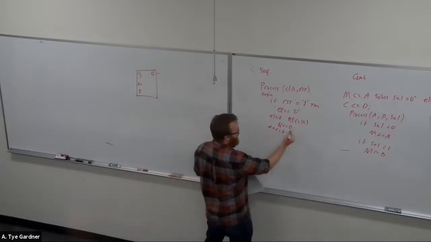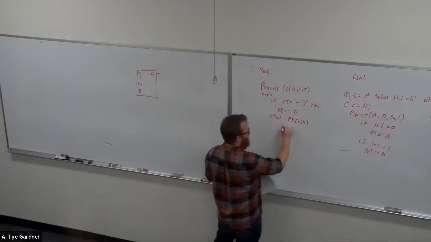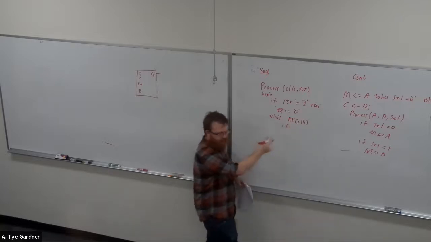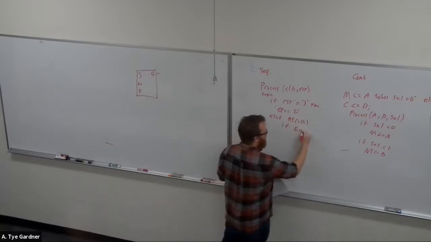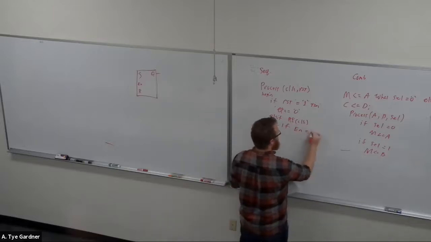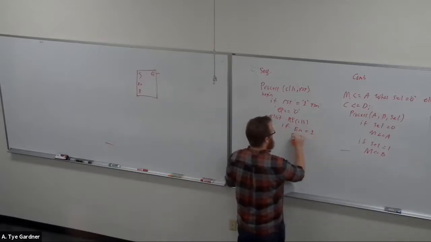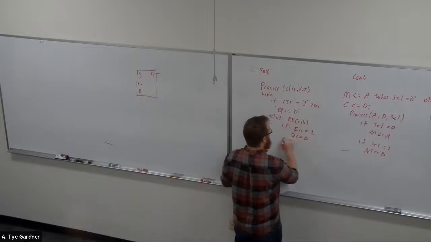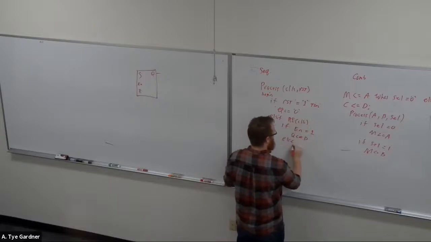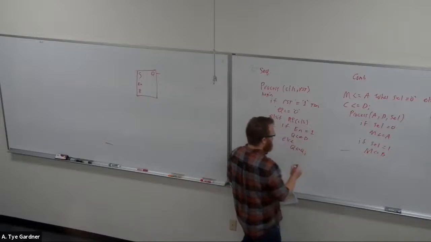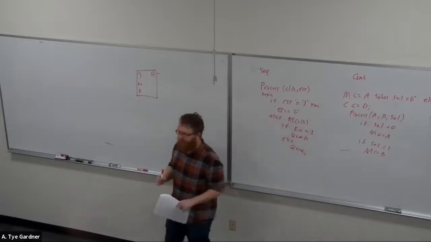You can imagine that I could write code with an embedded if, just layered: if enable equals 1, Q gets assigned to D, else Q stays Q, right?